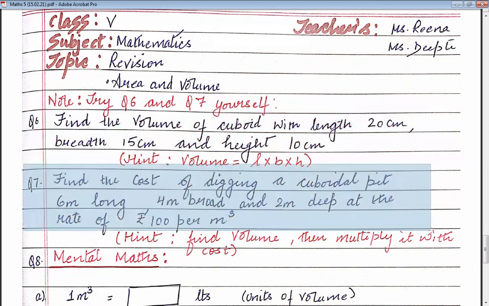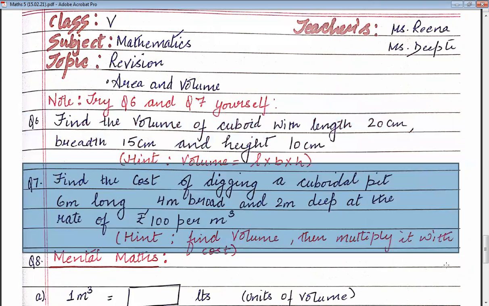Now let's read question number 7. Find the cost of digging a cuboidal pit 6 meter long, 4 meter broad, and 2 meter deep at the rate of rupees 100 per meter cube. Now, children, in this we are talking about a cuboidal pit. Length is given, breadth is given, and height is given.